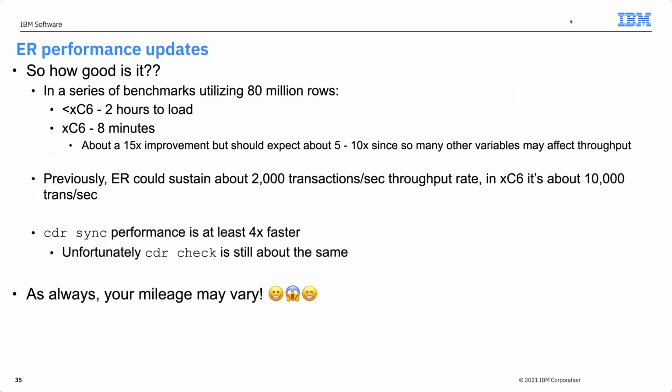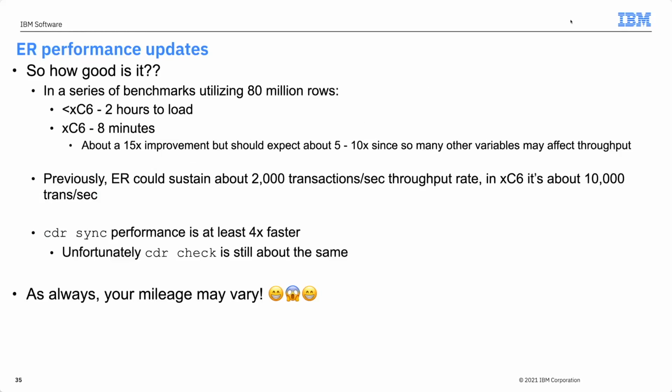So he already talked about the benchmark where we were using 80 million rows, and on XC5 and earlier it took 2 hours to load, but in XC6 it took 8 minutes. And that's a 15 times improvement. But we will tell you to expect 5 to 10%. Why? Because we want to make sure there's a margin of error. And as always, your mileage may vary.